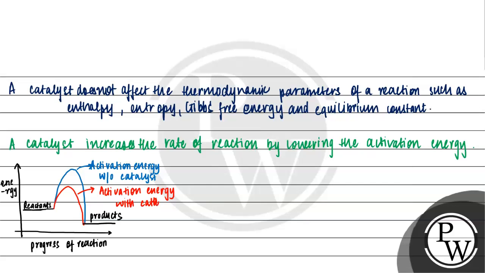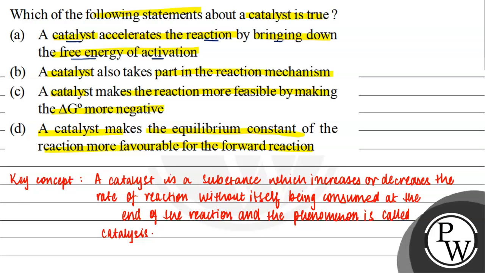So we can clearly see that the activation energy with catalyst is less than the activation energy without catalyst. So we can say a catalyst increases the rate of reaction by lowering the activation energy. So our first point, a catalyst accelerates the reaction by bringing down the free energy of activation, is true. So our first option is correct.